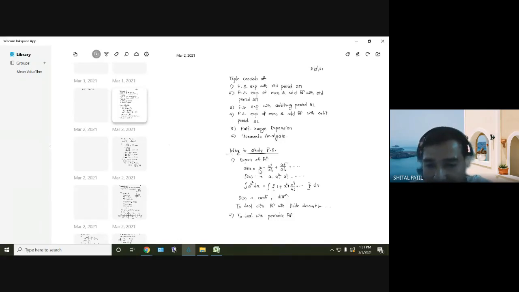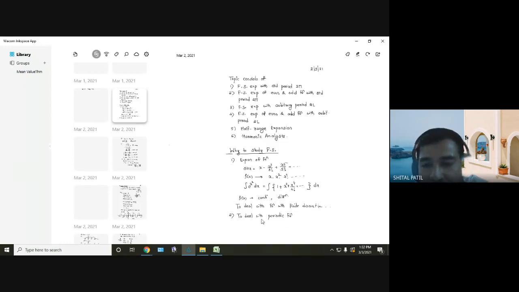For Taylor's and Maclaurin's theorem, the function f of x should be continuous and differentiable. But in real life, finding continuous and differentiable functions is very difficult. So our aim is to deal with a finite number of discontinuities: 5 discontinuities, 7 discontinuities, 1 discontinuity.